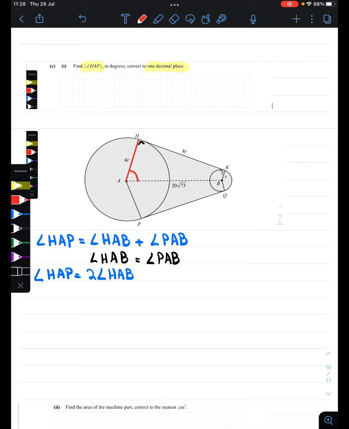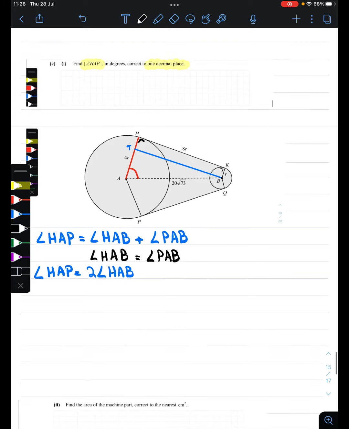So how might we go about this? Well, again, it might be useful to have our BT because now we get to work with the triangle, and we're more comfortable working with a triangle than with a quadrilateral. Okay, well, what do we know about this triangle? Well, we know that this is 8r, this is 3r, and this is 20 root 73.